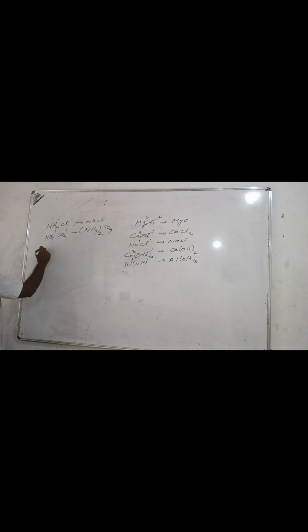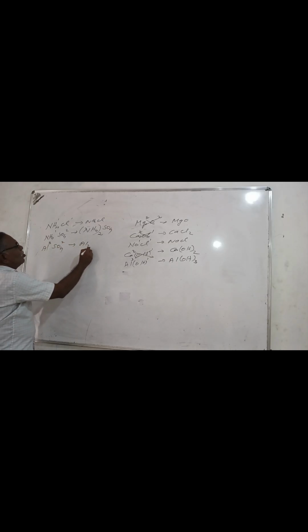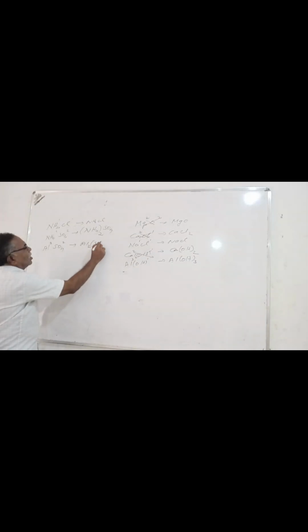Aluminium sulfate: aluminium's valency is 3, sulfate's valency is 2. So we can write Al2(SO4)3, aluminium sulfate.